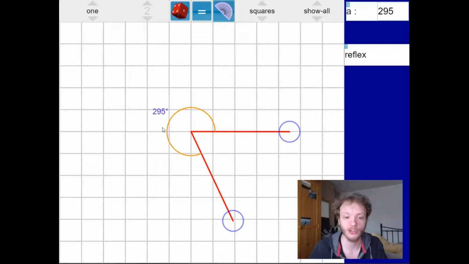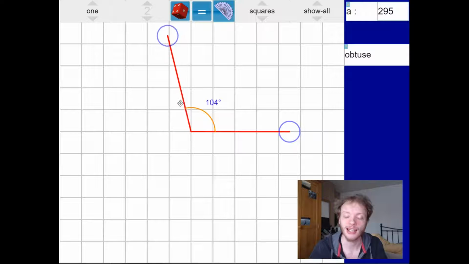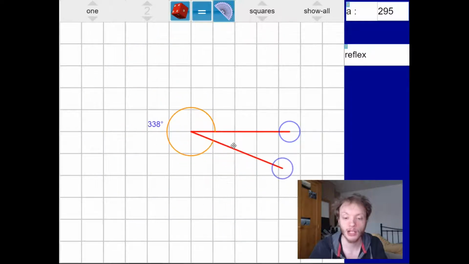That might be an exterior angle. If we were to measure the interior angle, well, the interior angle would be acute. But you don't need to know that for today's activities. And it would be a reflex angle all the way up to 360 degrees, which would be a whole turn, or a full angle they've called it here.